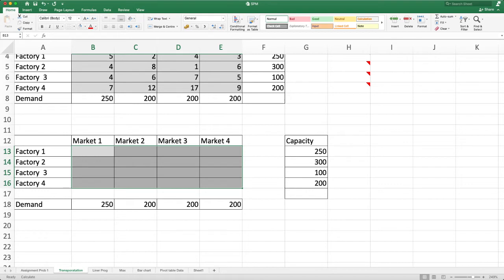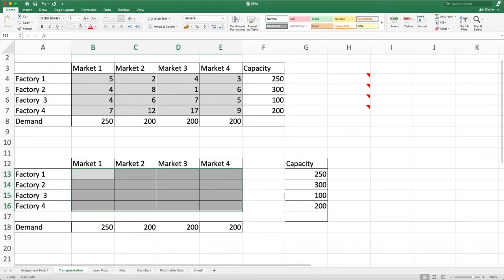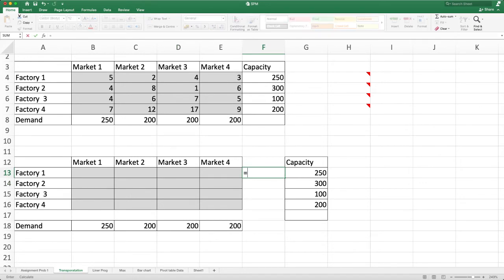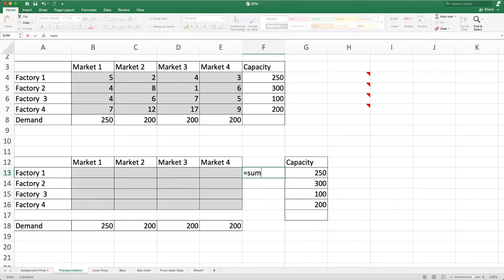This is exactly the constraint. The darker portion is the constraint, so that I can differentiate it from other variables. We can give the same equation which you have learned in the assignment problem, that is, the sum of all the rows, and you can drag it down.